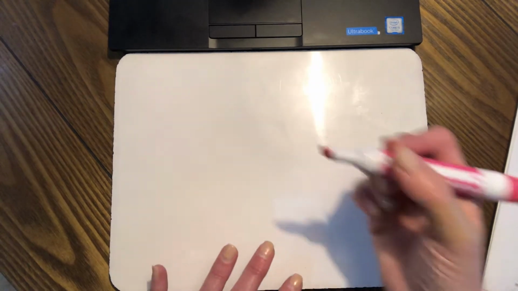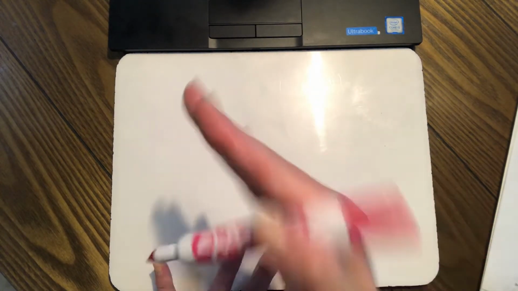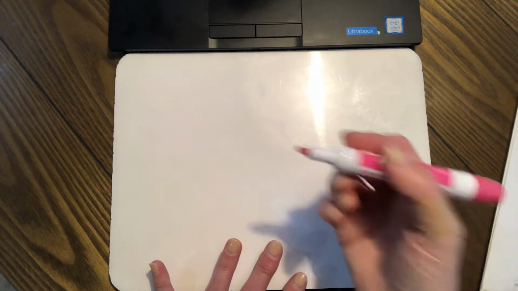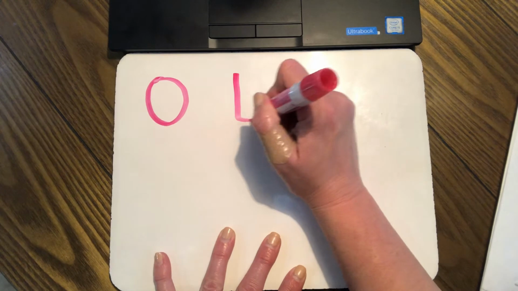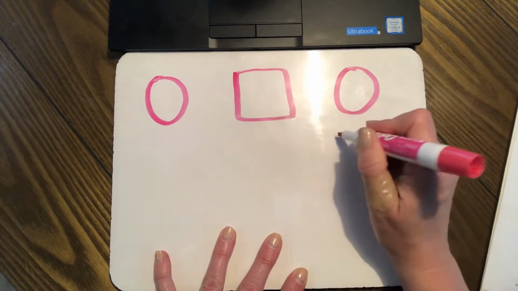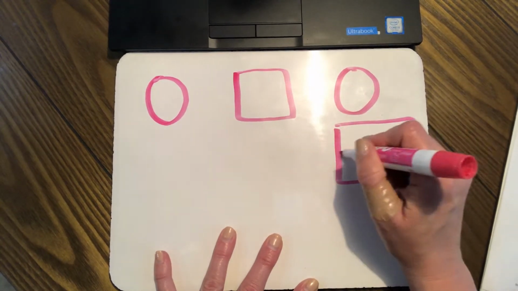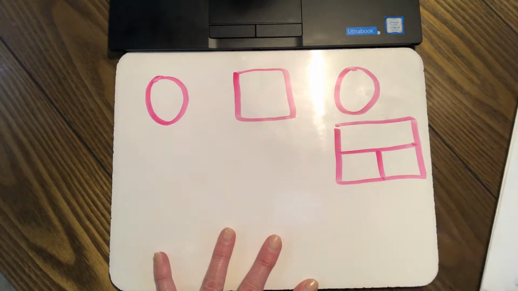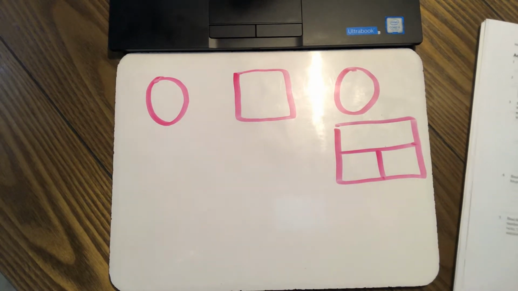So this is definitely a change problem because Drake's prizes changed in the story. So remember, we've got the beginning, we've got the change, and we've got the end. And we are using that strip diagram to help us decide whether we're adding or subtracting. And I think you're going to be surprised with what you find today, boys and girls.